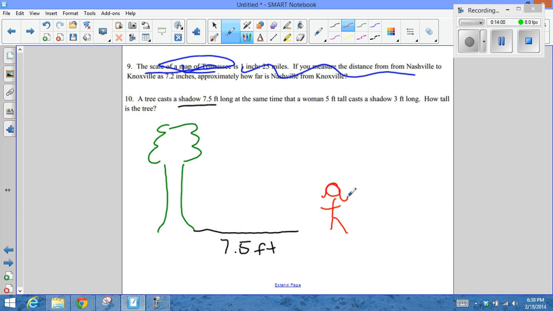My lady. And it says that this woman is 5 feet tall. Okay, so I'm going to give her a height here. She's 5 feet tall. And she also casts a shadow. Oh, here's her shadow. It's not a brilliant shadow, but hey, it'll work. And her shadow is 3 feet long. So the question is, how tall is the tree?